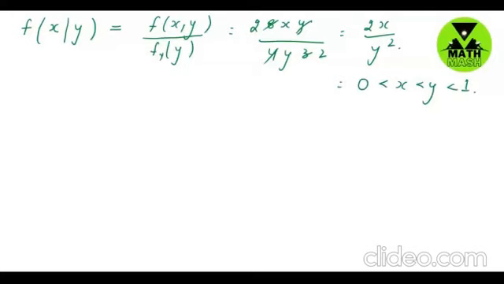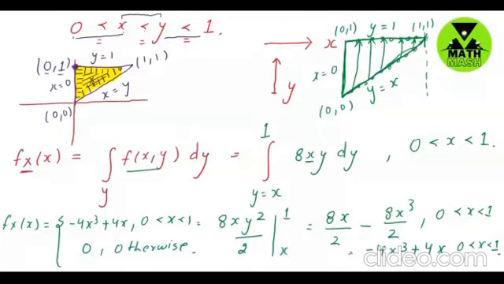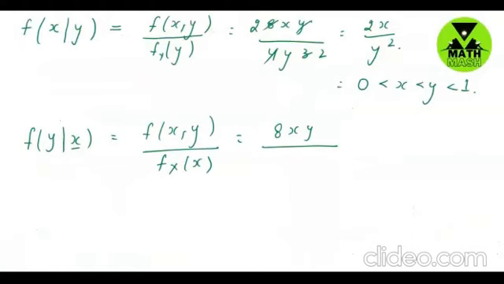Now similarly we can find the conditional distribution of y given x. This is f of x comma y divided by f of x, since this time x is given, so it is the marginal density of x. The joint is 8xy divided by the marginal density of x, which is minus 4x cube plus 4x.